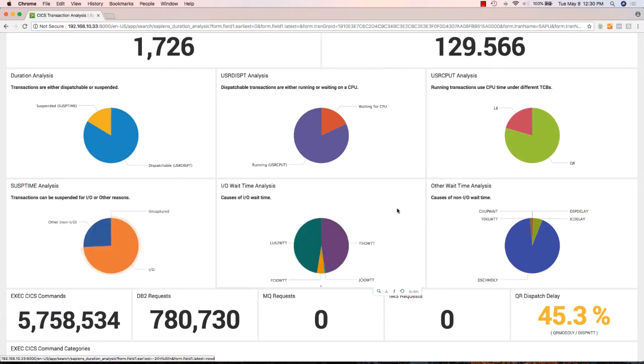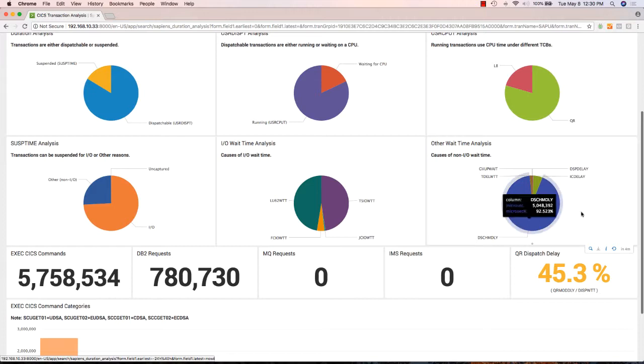So then we can also analyze other wait times, and this was interesting because these are causes of non-IO wait time. And look at this one, 92% is related to dispatcher delay. So 92% of the non-IO wait time is related to something related to the dispatcher. We'll get to that in a minute.